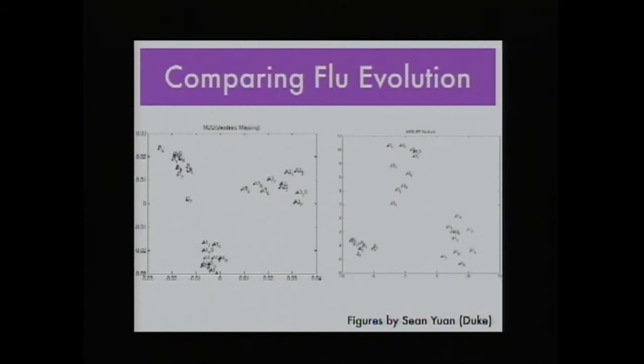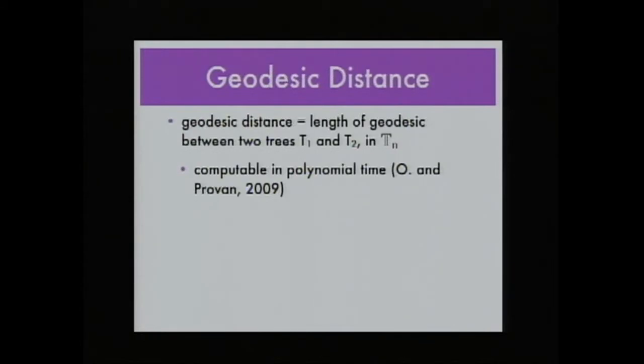But basically, the original paper came out in 2001, and we can actually cluster using this distance now, in 2010. That's because until last year, there was not an efficient way to compute this distance. So I proved it, along with Scott Provan, who's at UNC: we proved there's a polynomial time algorithm to compute this distance.